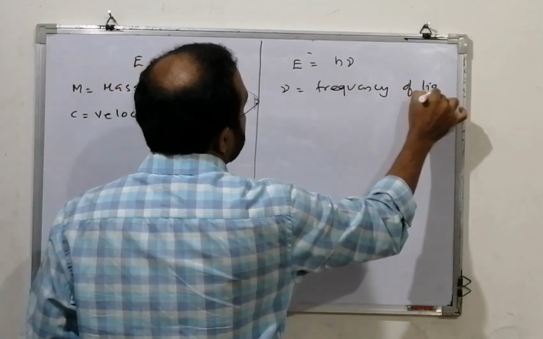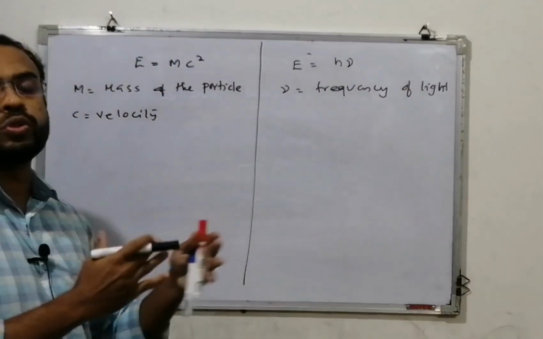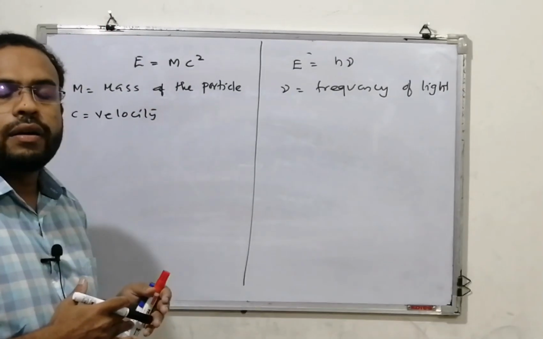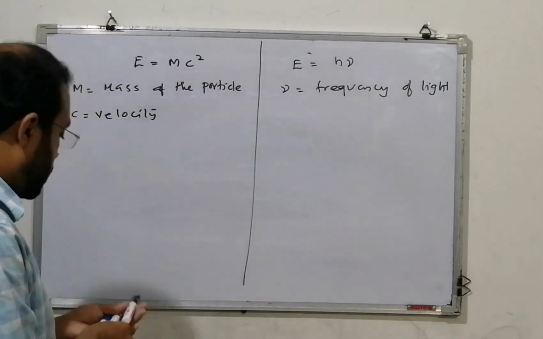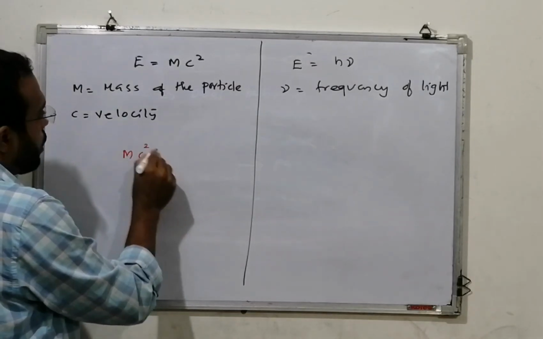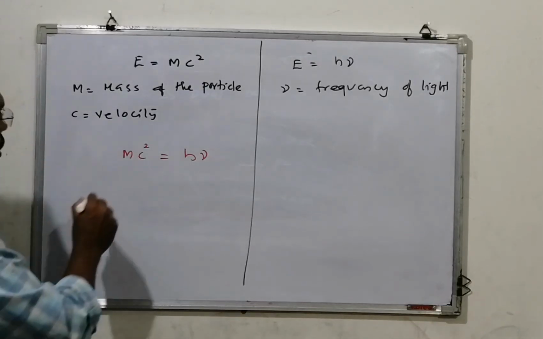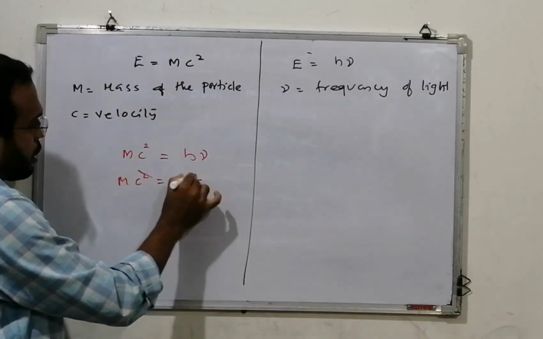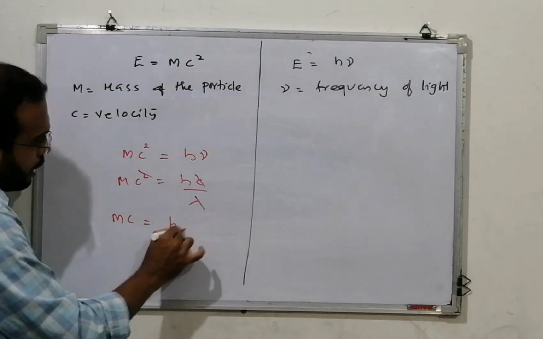This E corresponds to the energy associated with the light, and this E is the energy associated with the particle. Since our objects contain both behaviors, particle nature and wave nature, mc square is equal to hc by lambda. c and c cancel. That is mc is equal to h by lambda.